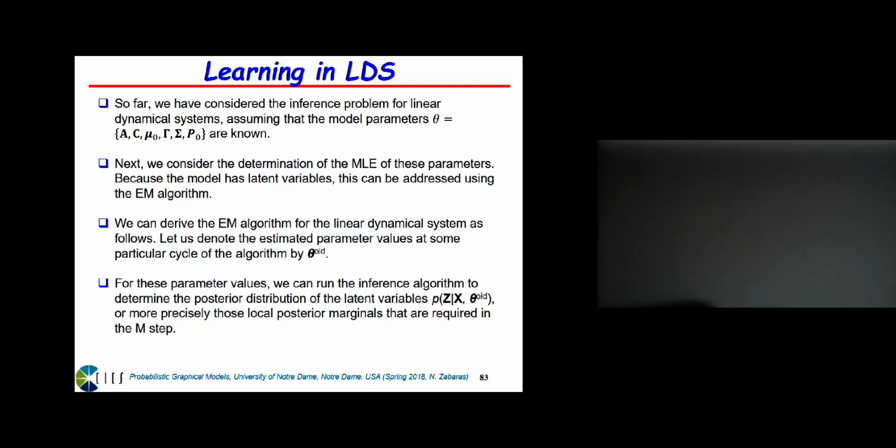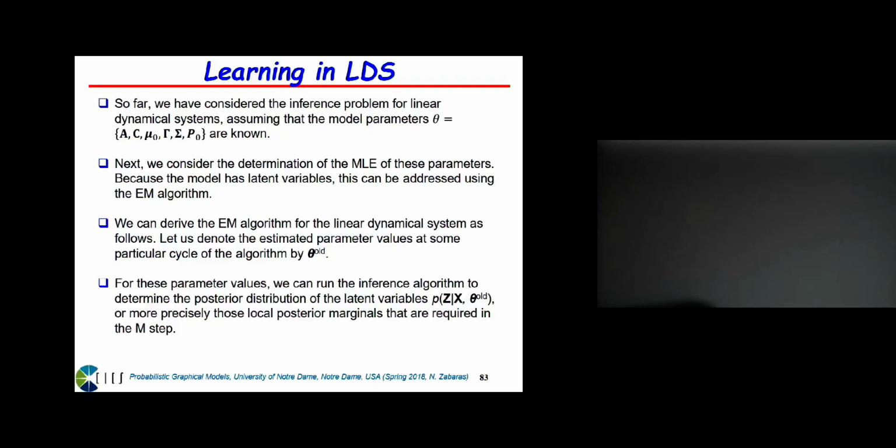The joint log likelihood. We will take the joint likelihood of observations and hidden variables, because that's a very easy distribution, Gaussian, easy to write down, especially the log. And because we don't know z, we take the expectation of that with respect to the posterior of the z variables.